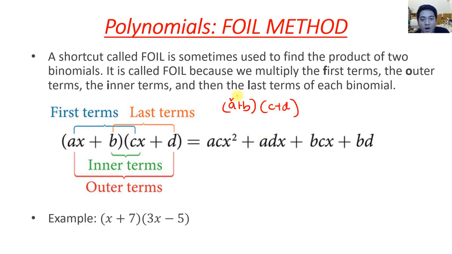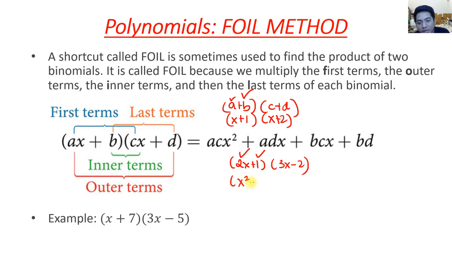Examples of binomials are x plus 1 and x plus 2, or 2x plus 1 and 3x minus 2. These are all binomials, meaning two terms. Regardless of their exponent, they are still binomials, even though it has squared here.